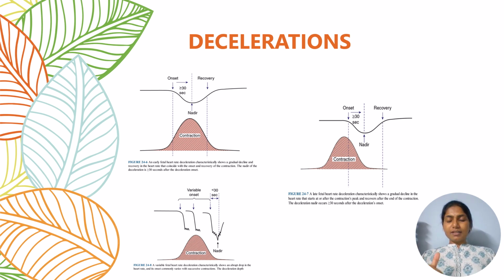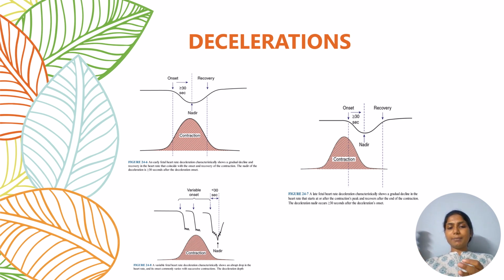The next thing is called a variable onset deceleration. Usually after a point of time, the baroreceptors are stimulated and there is a slight increase in parasympathetic activity. This causes what is called a variable deceleration.